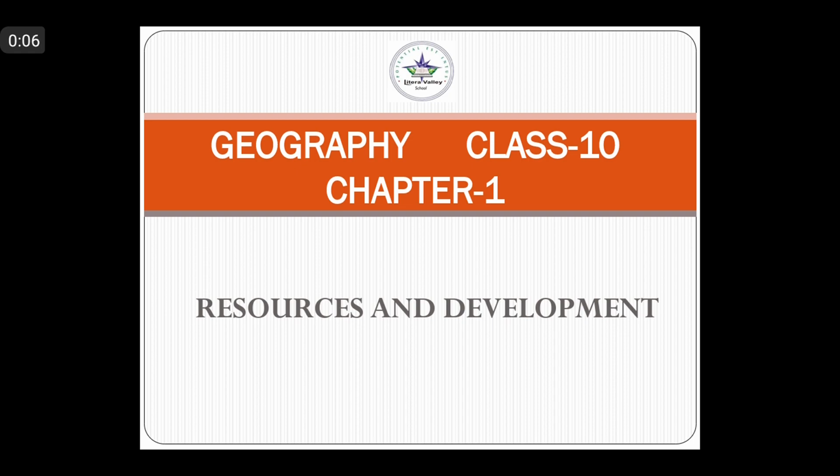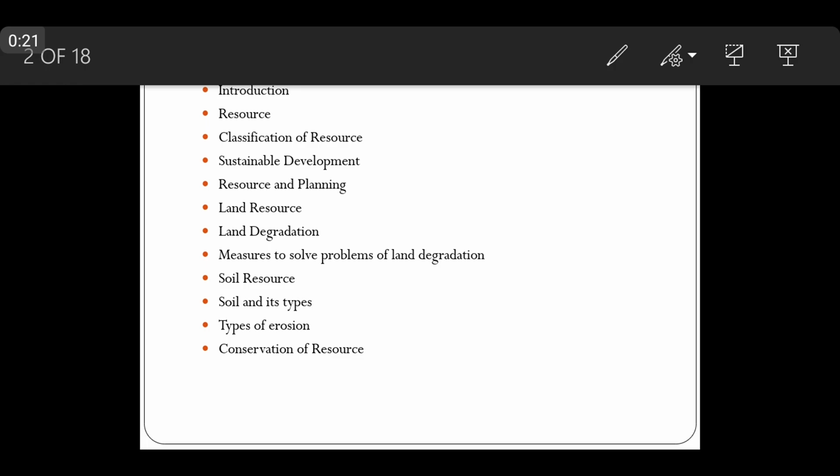Today we will discuss chapter 1 of geography, class 10, resource and development. Here is a brief content of what we will be reading in this chapter. Chapter 1 of class 10 geography introduces you to resources and their classification.